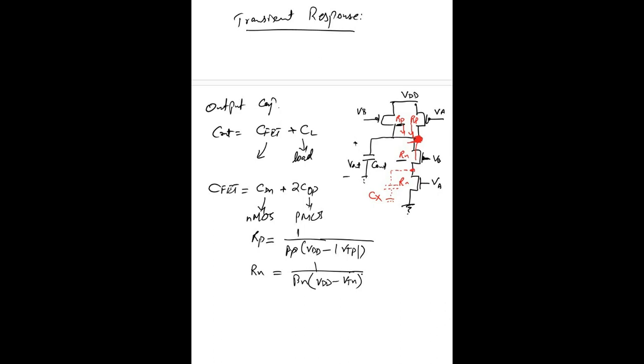So for transient calculations we have to find the RC time constant for tR and tF. So now we have to solve the RC time constant for obviously rise time and fall time. We have to solve for both cases. So what we need to do is look for worst case values.